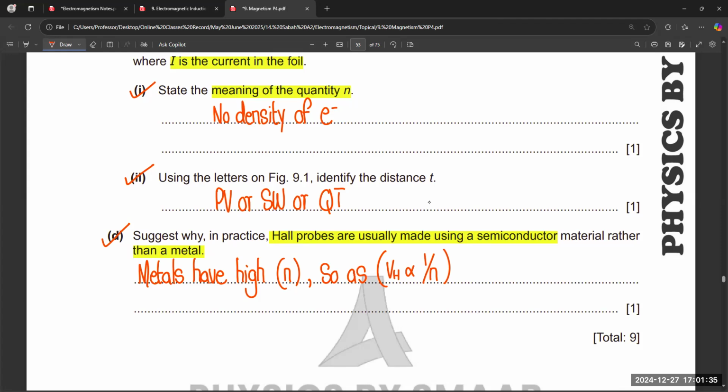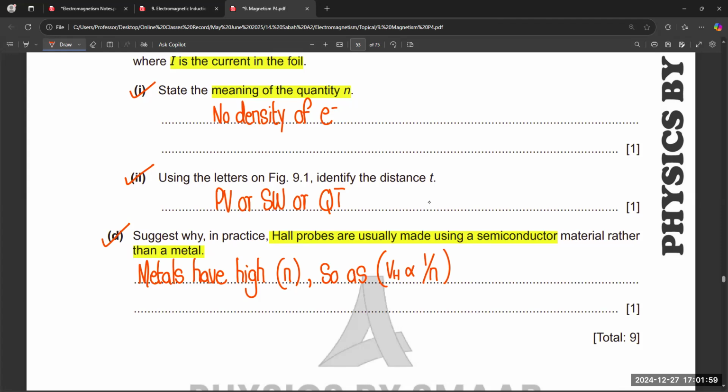That's why we use semiconductors, because they have a lower number density of electrons compared to metal, so we can easily get a larger Hall voltage.